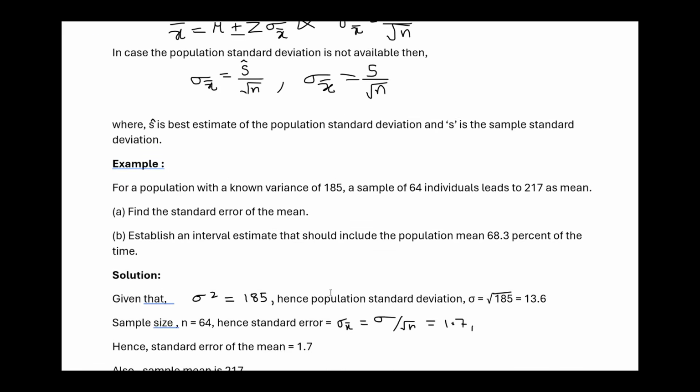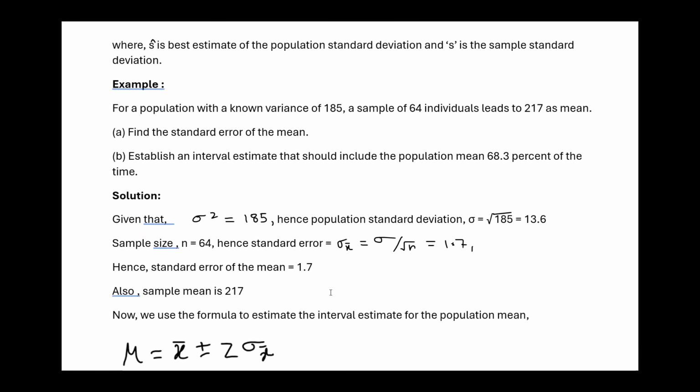So let us take an example. The first example goes like this. For a population with a known variance of 185, a sample of 64 individuals leads to 217 as a mean.